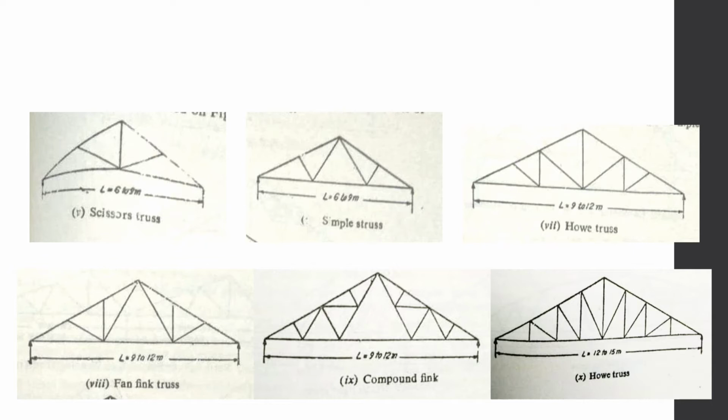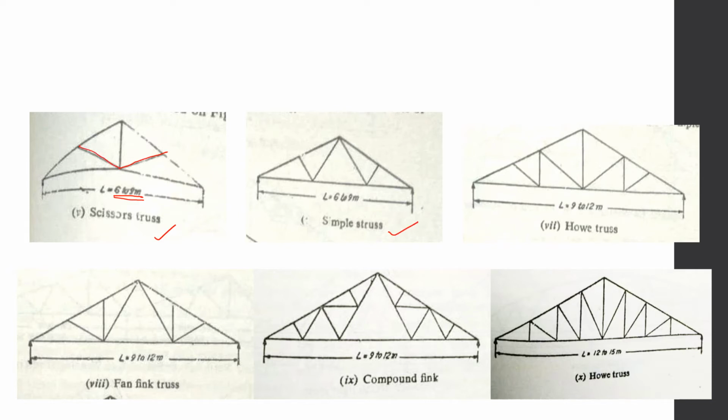There is another type of a scissor truss, just like with the king post truss, for a bigger span like 6 to 9 meters there are intermediate members which are being provided.